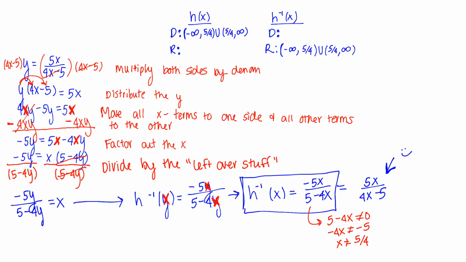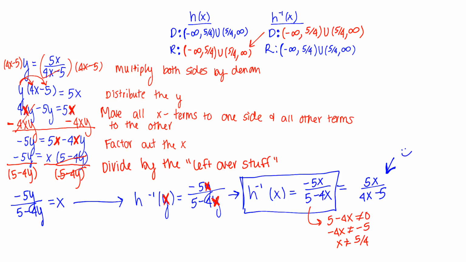So the domain of h inverse would go from negative infinity to 5/4, union 5/4 to infinity. And then h, for its range, would be the same thing. So negative infinity to 5/4, union 5/4 to infinity.